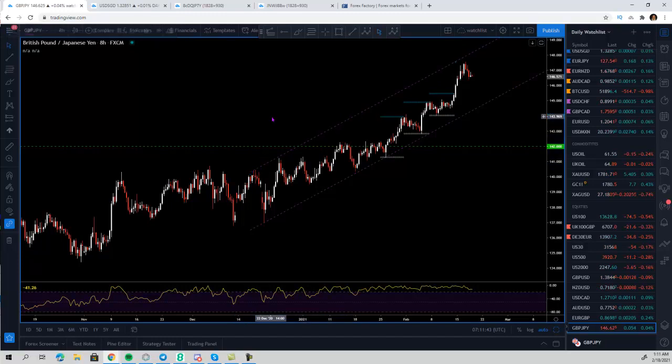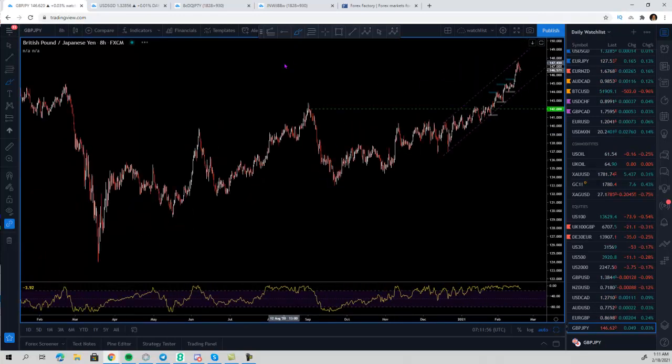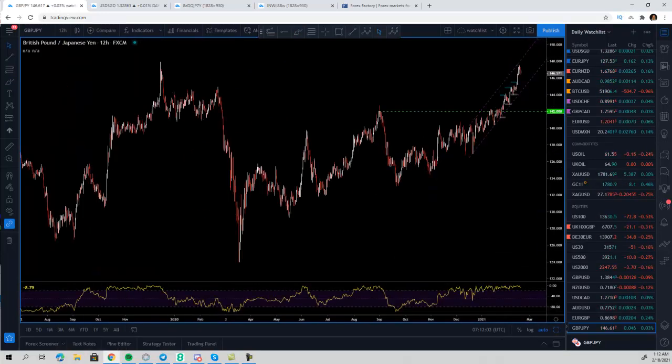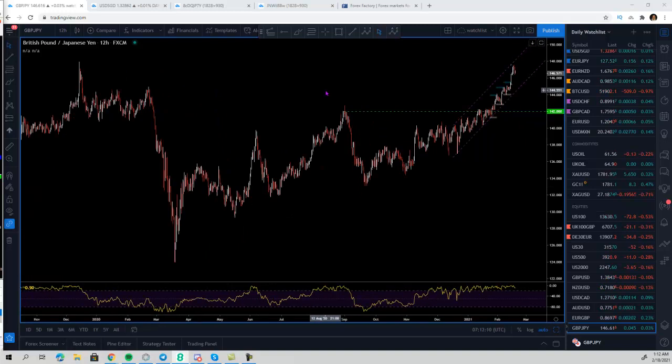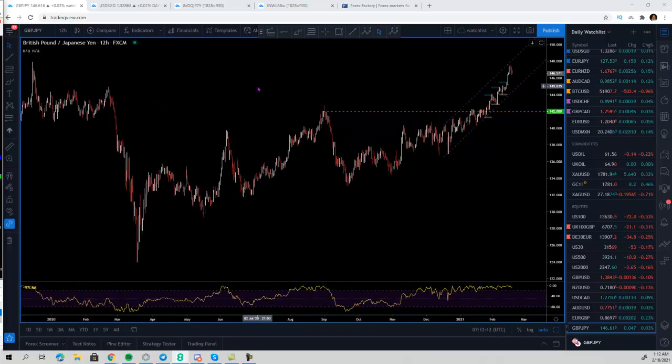For the time being, we have missed both the breakouts on this weekly low and on this one right here. But it's completely fine because there's a ton of possibilities to trade this currency pair still. Now, we're going to have to go a little bit higher, because we need to look at the next key level in our charts.